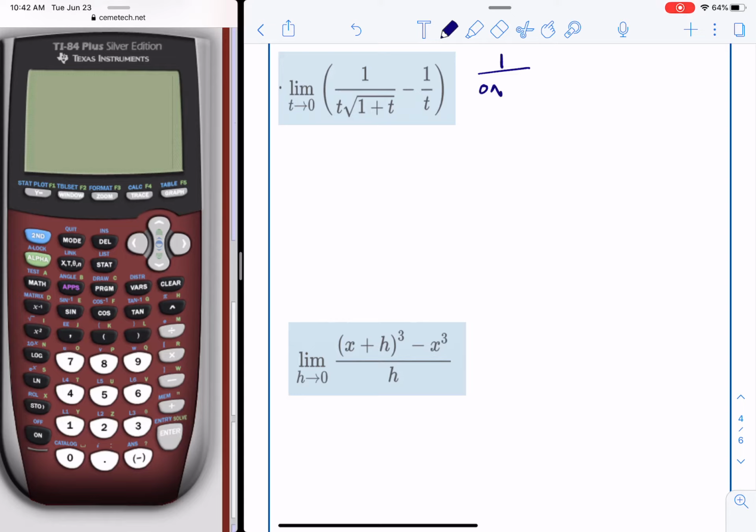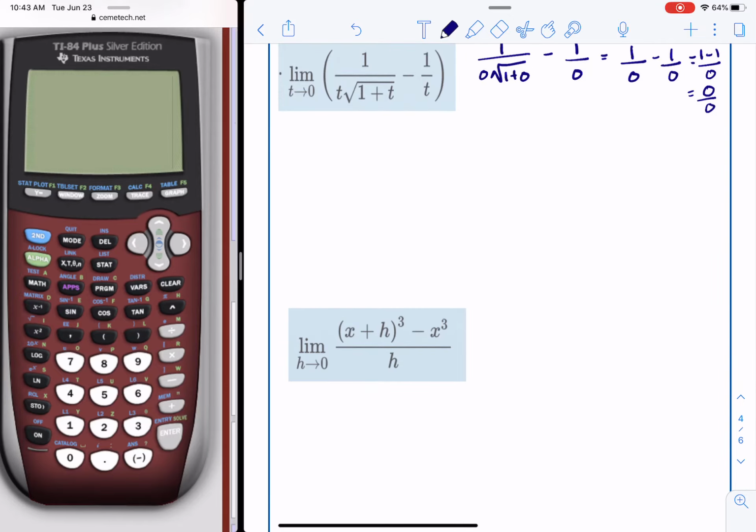So 0, square root of 1 plus 0 minus 1 over 0, which would give us 1 over 0 minus 1 over 0, which if we rewrite it is 1 minus 1 over 0, which would become 0 over 0.